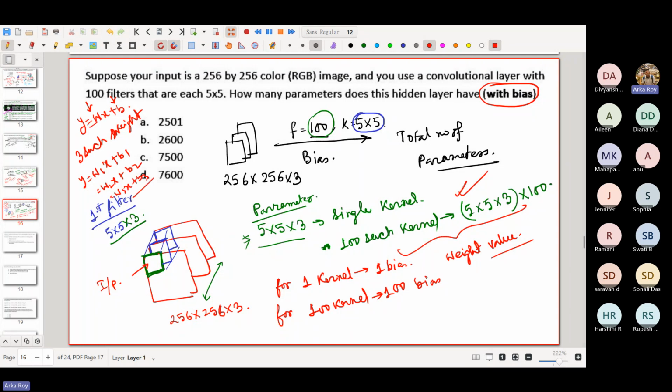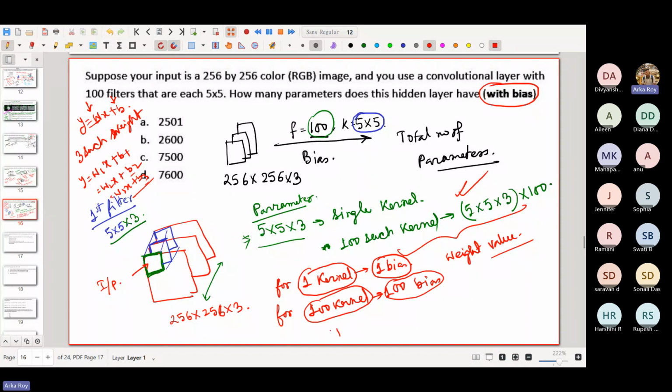So you have 3 such weight representations, so you have 3 such bias values along with this weight. Over here, you have one kernel, and for that one kernel, you have one bias. So for 100 kernels, you will have 100 such biases.